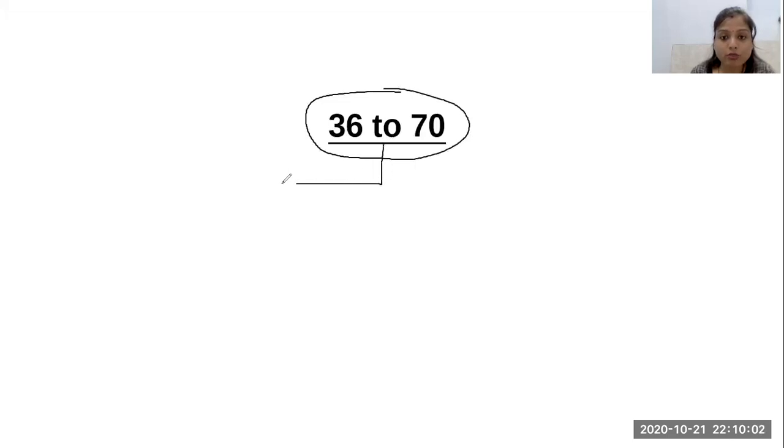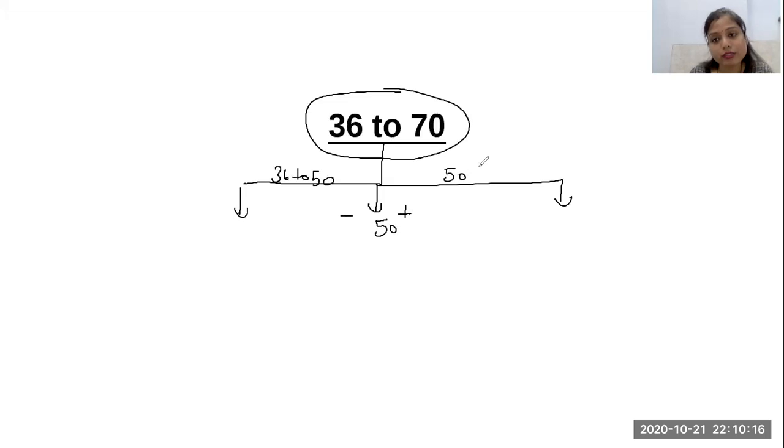We have to categorize in two ways, guys: 50 plus and 50 minus, meaning 36 to 50 is category one and 50 to 70 is category two.